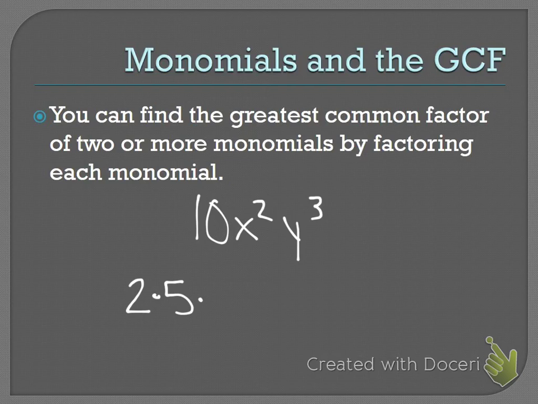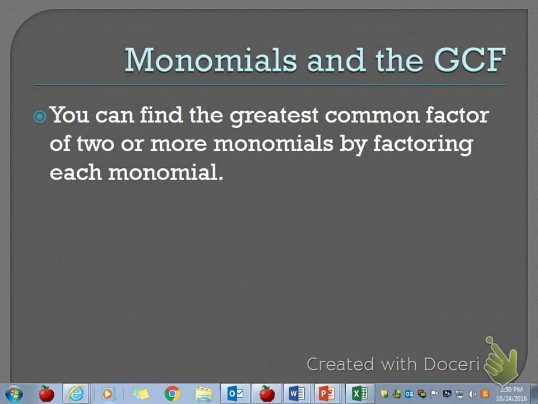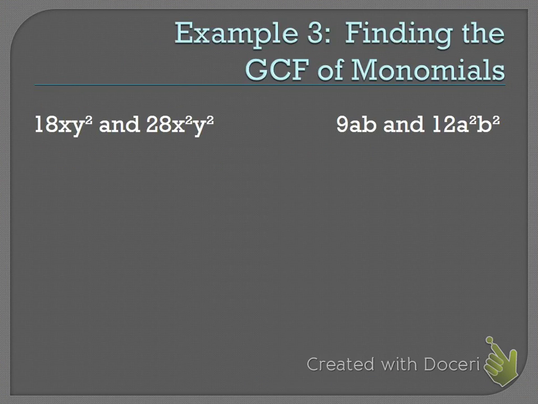And then for x squared, how many times would I multiply in x? Times x times x times y times y times y. This is what we learned in 4.1, how to factor a monomial. Everybody remember that? So now, in example 3, I'm going to factor 2 monomials and then find the greatest common factor between these 2 monomials.